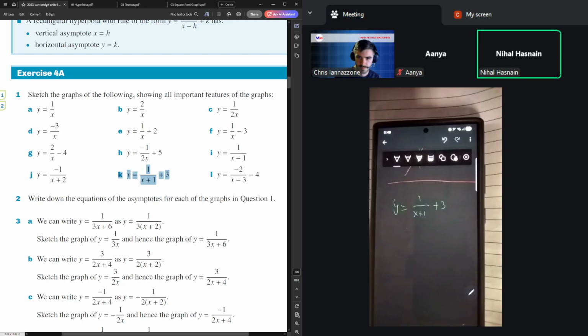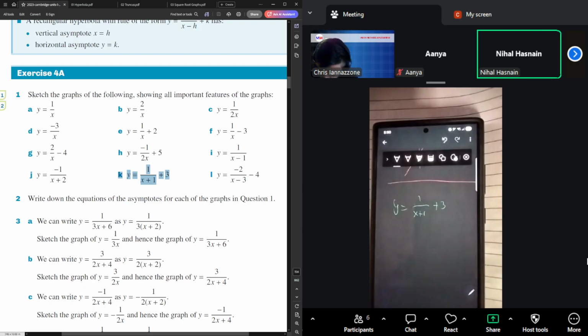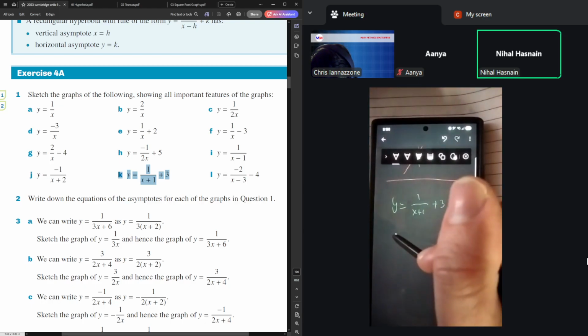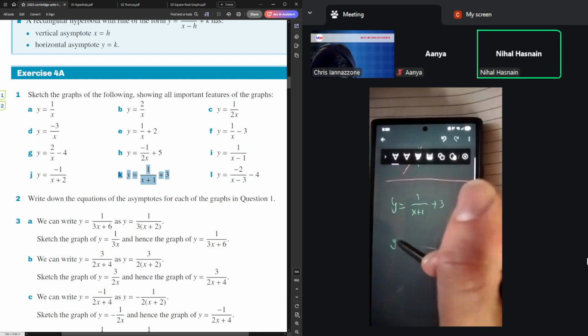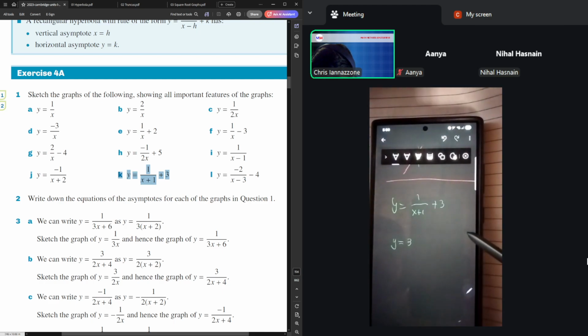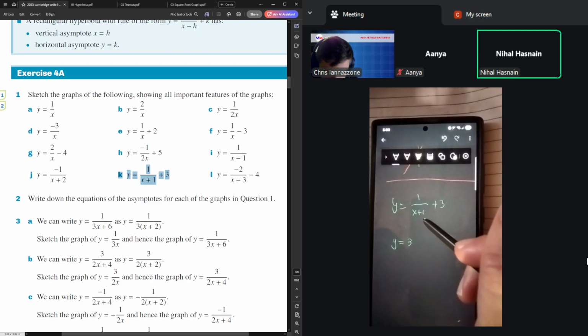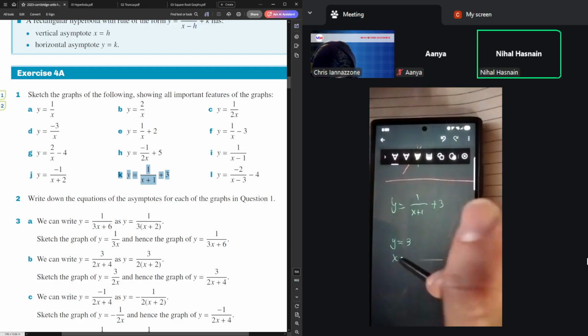I can start off with the asymptotes. Yeah, easy. How are we going to get the asymptotes? So there's a vertical translation of +3, so there's going to be an asymptote at y equals 3, and it's been translated 1 unit to the left, so there's an asymptote at x equals -1.